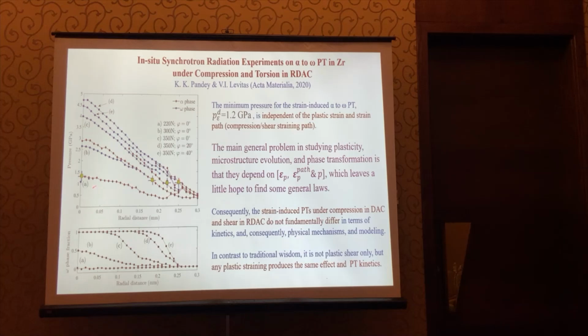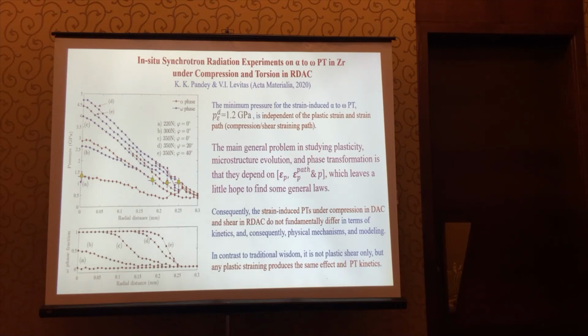And you see that it's independent of radius. But plastic strain significantly grows with radius, and the path changes drastically. At the symmetry axis, we don't have shears, and shears grow along the radius. So that means that the minimum pressure for phase transformation is independent of plastic strain and plastic strain path.